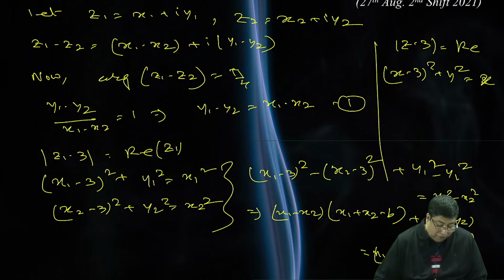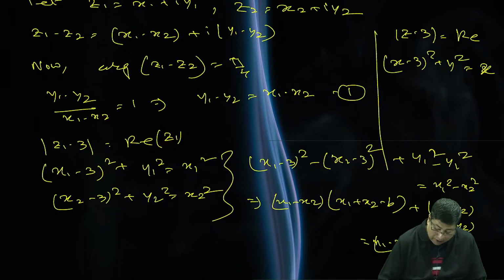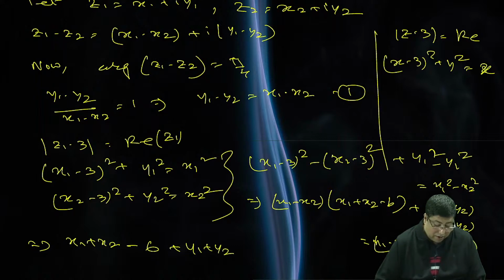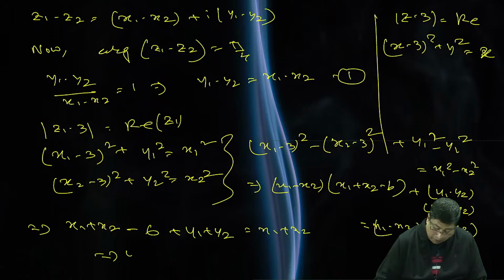Now instead of x1 minus x2, if we put y1 minus y2, we are getting here x1 plus x2 minus 6 plus y1 plus y2. We are getting x1 plus x2 portion cancelled. So y1 plus y2 equal to 6.